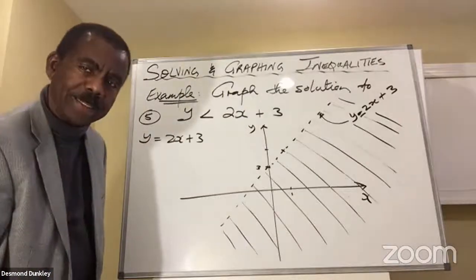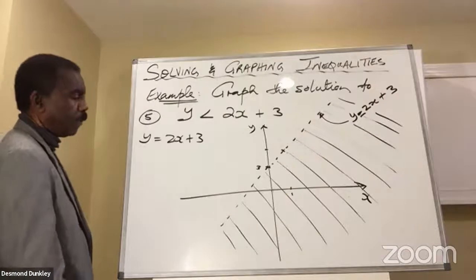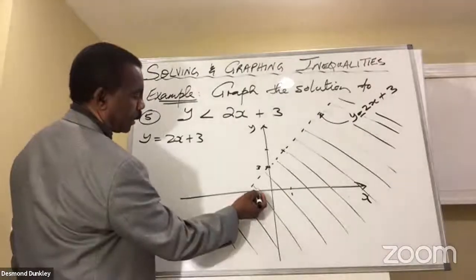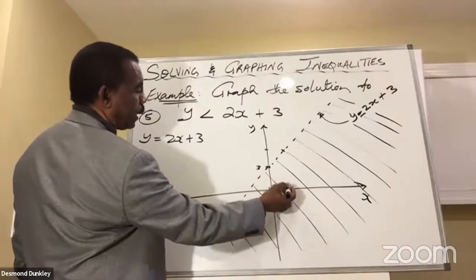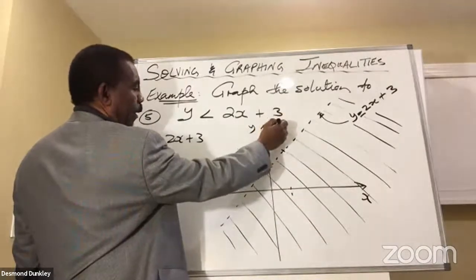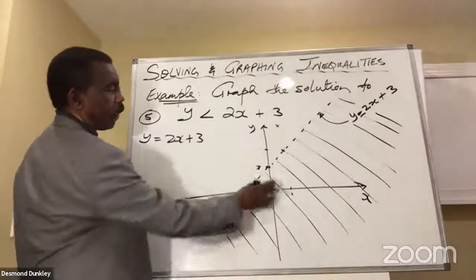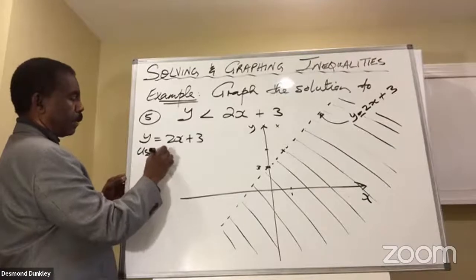Then if I choose a point that is over here, anywhere here, it should pass. So let's try a point. We could use the point 1, 7. That's somewhere up here. So use 1, 7.